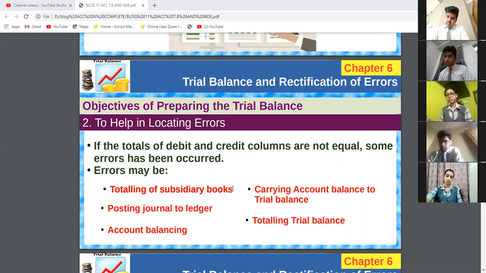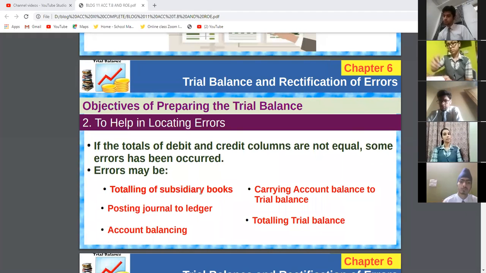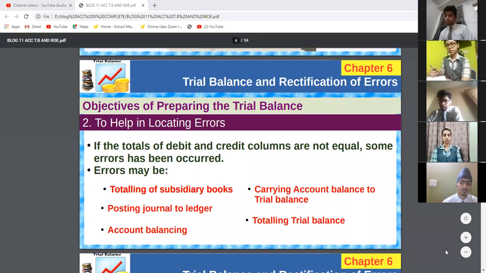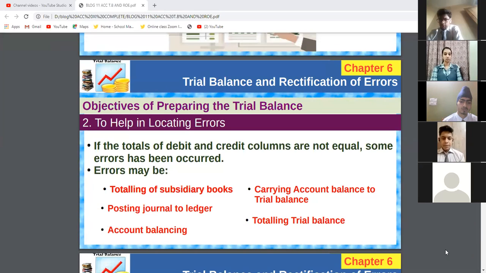If the total of debit side is not equal to credit side, it means there is some error. And the errors are of the following types. Maybe in the subsidiary books, maybe from general to ledger, maybe in the balancing or totaling of account, maybe in carry forward, or the total of trial balance may be wrong. This may also be a reason.